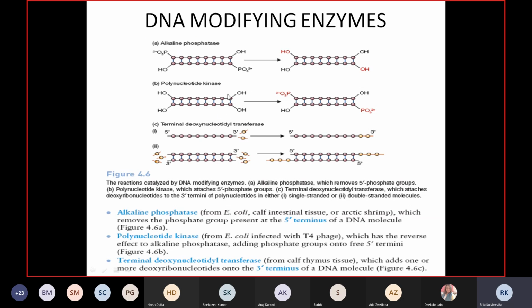There are enzymes which add a phosphate group, so they are called kinases, like polynucleotide kinase. Then there are certain enzymes which add nucleotides at the end without any template, and these are called terminal transferase.